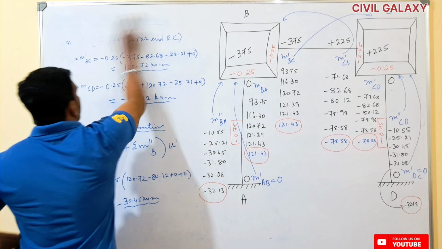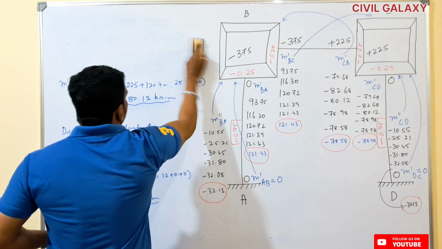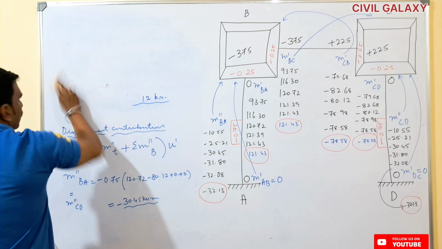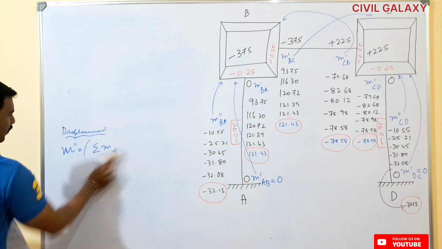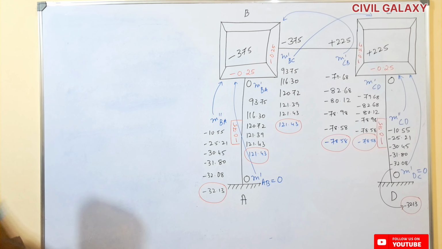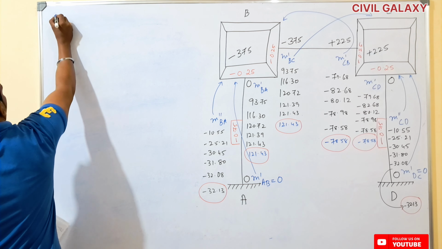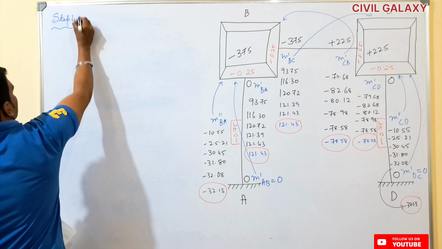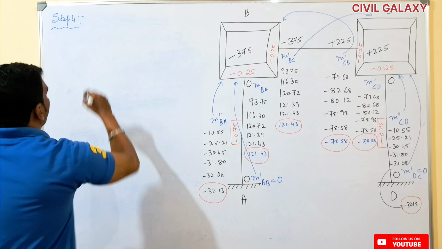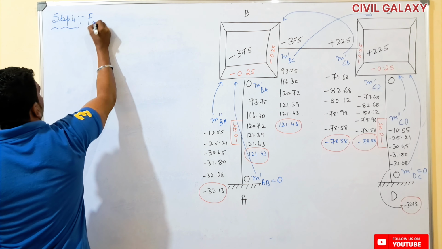So the last step here, see here. So the last step, it is step 4. So the last step will be to calculate the final end moments.